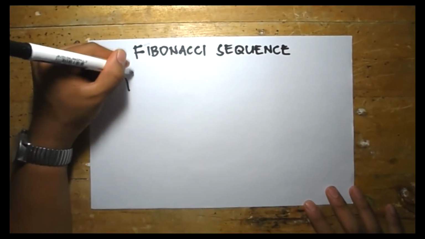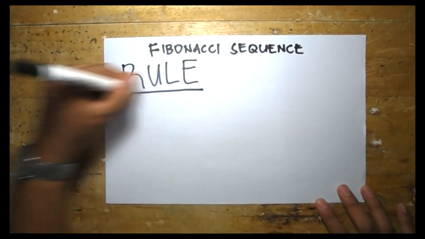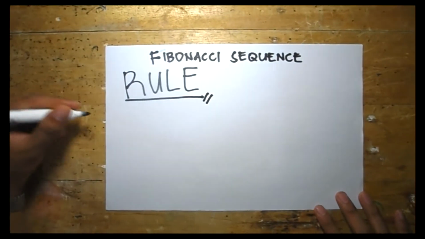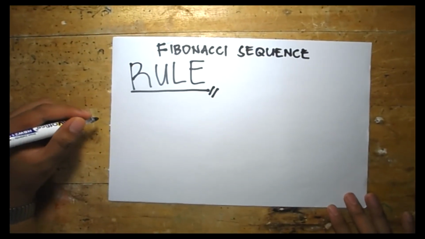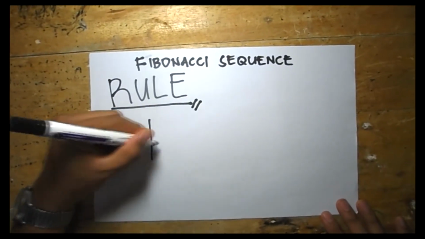We can solve the Fibonacci sequence by using the rule method. Sequences usually have a rule. It can be another way to find the value of each term. But first, we will make a table.